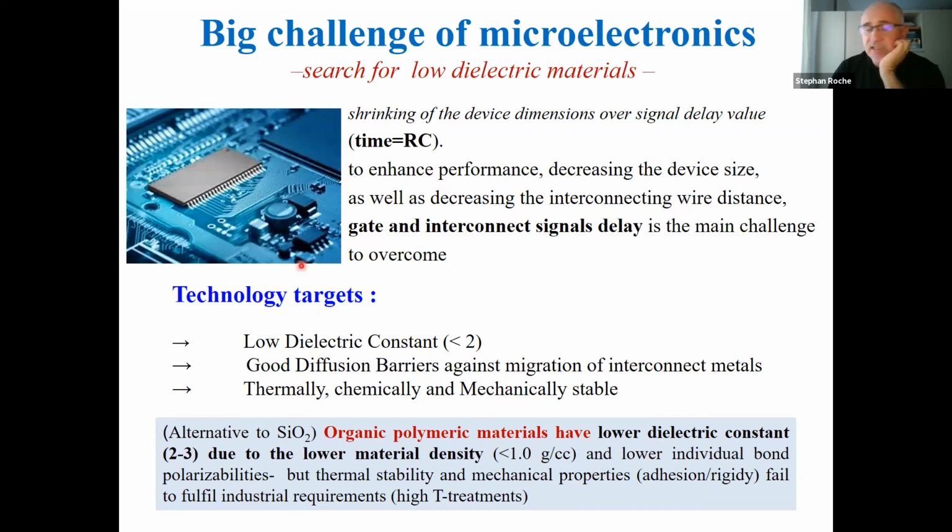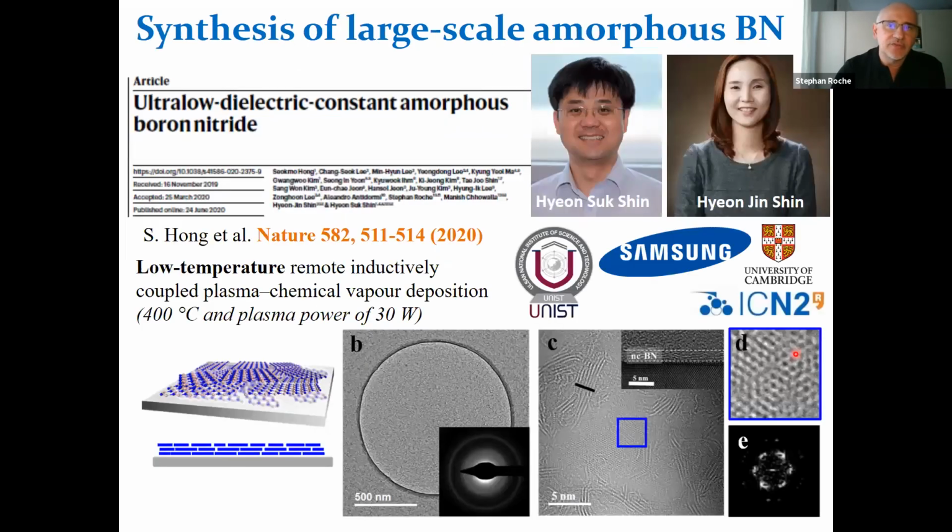So to get this, you need to find a very low dielectric constant, in materials which are in addition a good diffusion barrier against migration of copper, and can be thermally and mechanically stable. And all the organic polymeric materials which have good dielectric constants are, however, not stable enough for high temperature treatment.